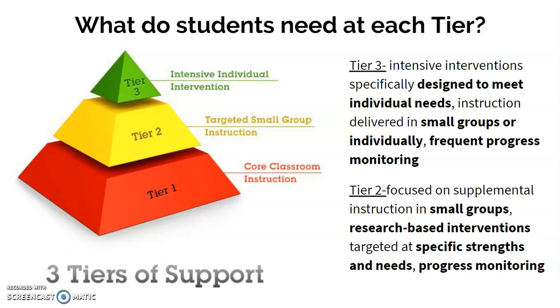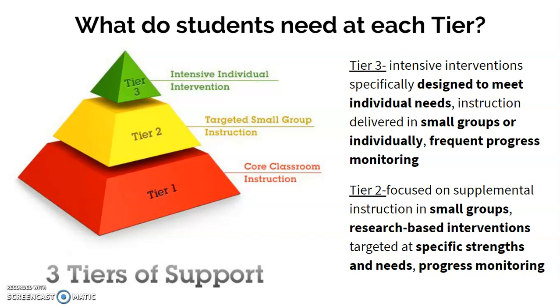If students aren't progressing in comparison to peers and expected ability, instruction is going to be supplemented with these academic interventions. Students can move in and out of this tier as needed. They can receive instruction individually or in small groups. So they also are going to receive, again, targeted instruction that looks at specific strengths and needs. These students will be a part of progress monitoring as well.